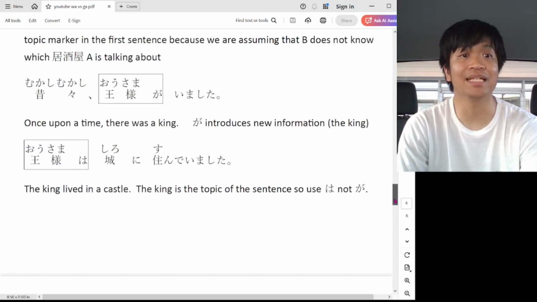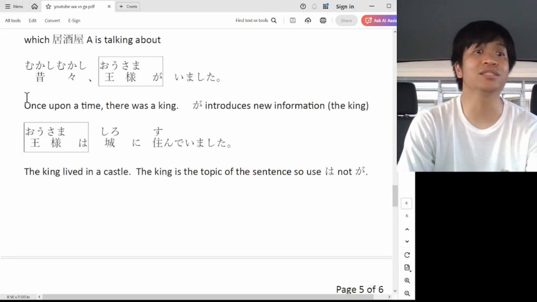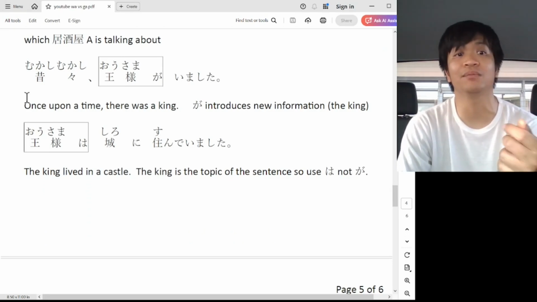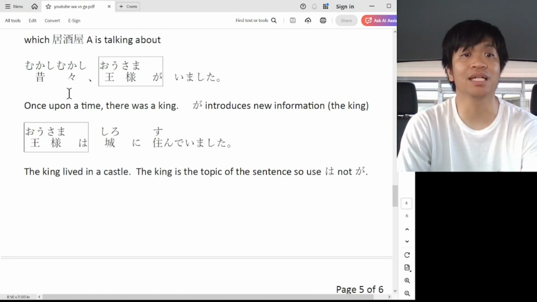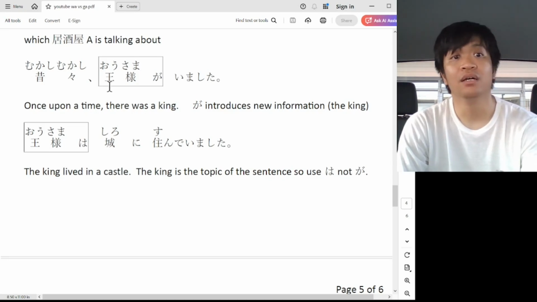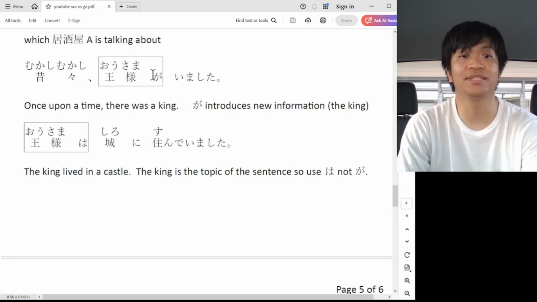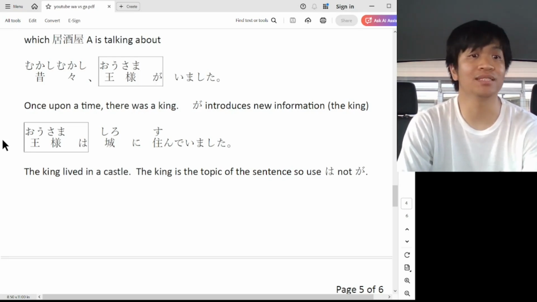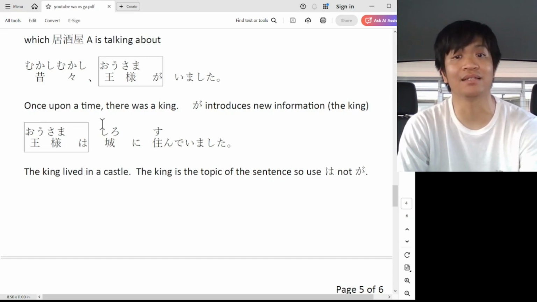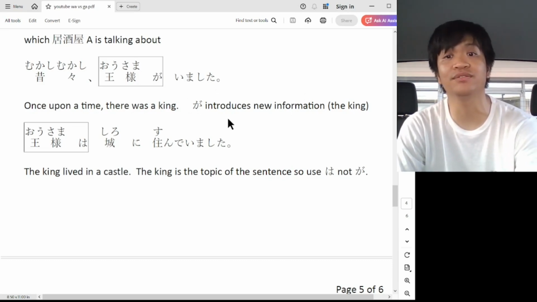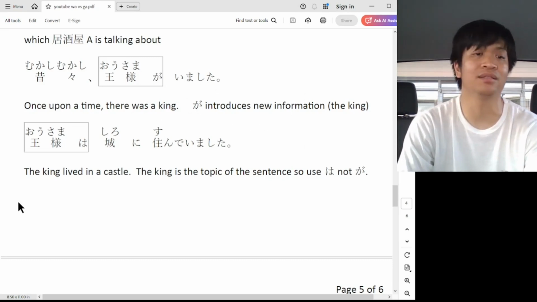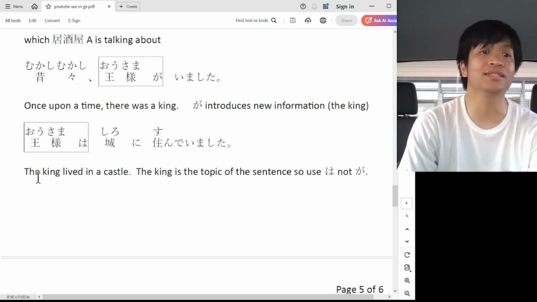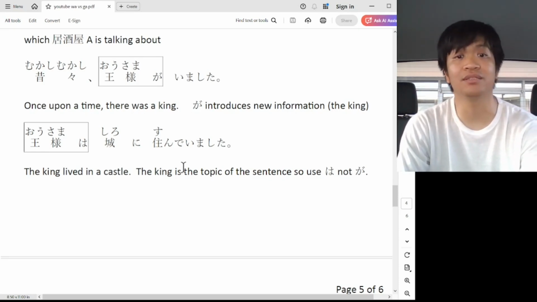Another example is right here, mukashi mukashi osama ga imashita. So a long, long time ago, mukashi mukashi, osama, king, ga. This introduces the new information. Imashita, there was. So once upon a time, there was a king. The ga introduces the new information, the king. And then after this, you would say, osama wa shiro ni sundemashita. So the king lived in a castle.